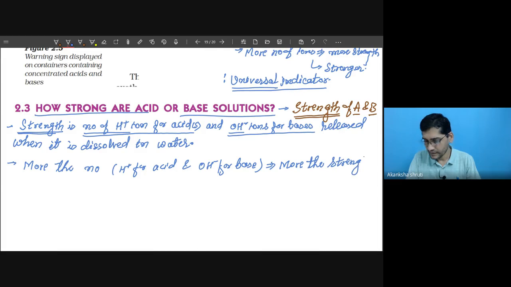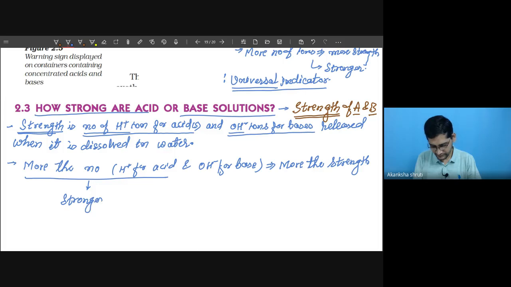Or also called stronger the acid or stronger the base. More number of H plus will indicate a stronger acid.